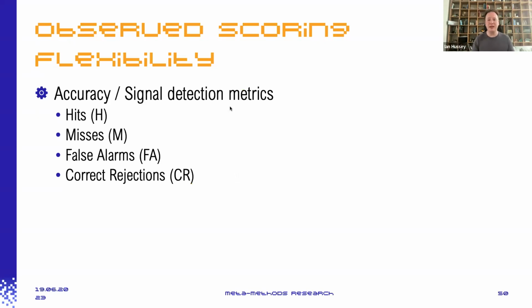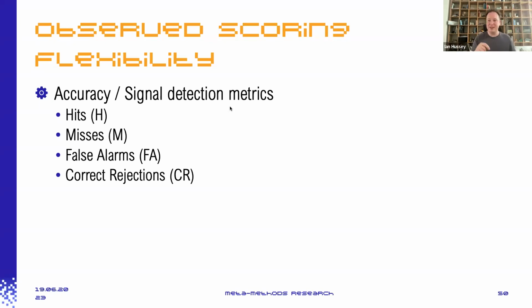And lastly, a large range of accuracy-based metrics, many of which related to signal detection analyses, were also observed. So hits, as in it was indeed an N-back and was correctly responded to. Misses, it was an N-back and was not. False alarms, it was not an N-back trial and was responded to as if it was. And correct rejections, the final option.